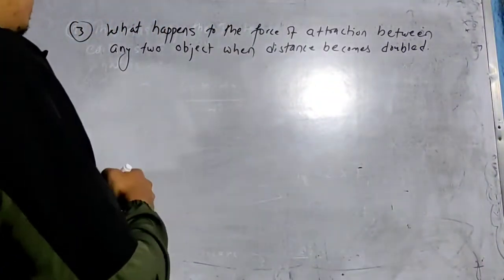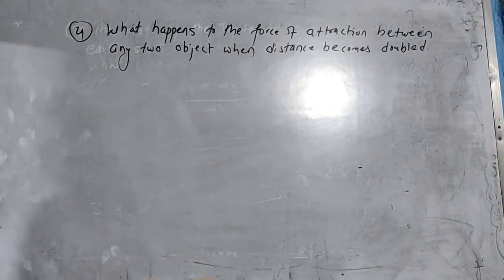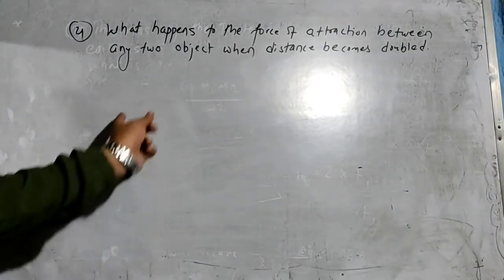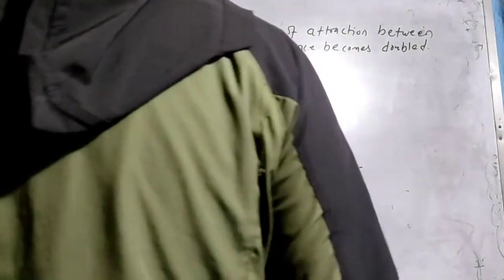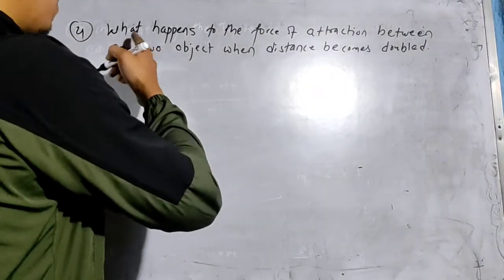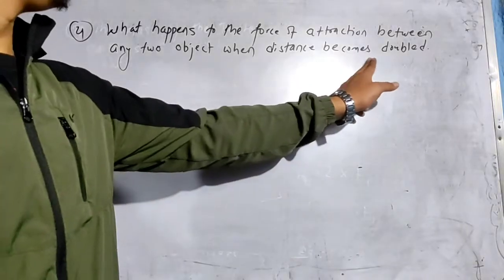In the initial condition, the distance was not changed. Only simply mass was doubled, and it was one of the objects. Now here mass remains constant and distance gets double. Now what happens to the force of attraction between any two objects when distance becomes double?